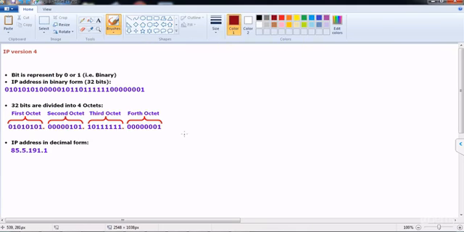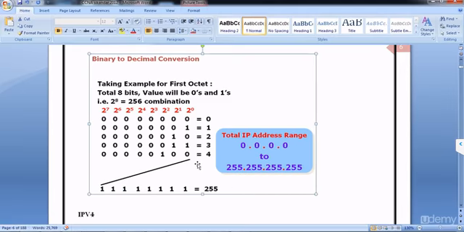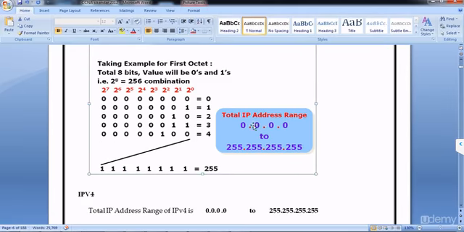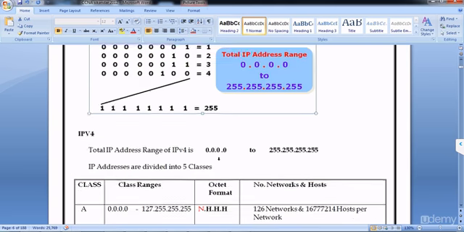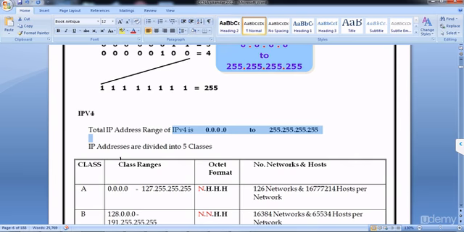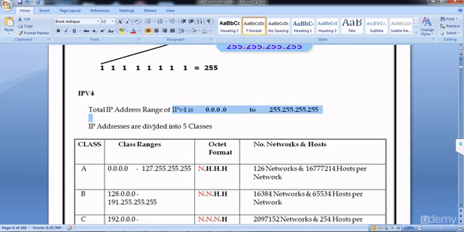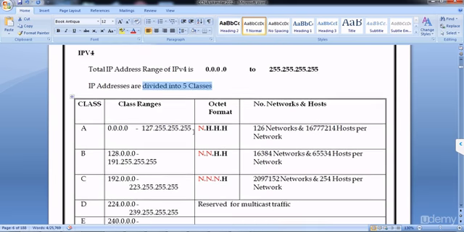So in general, the range of IP address is only between 0 to 255, starting from all zeros and ending at all 255s. This range is further classified into 5 classes.